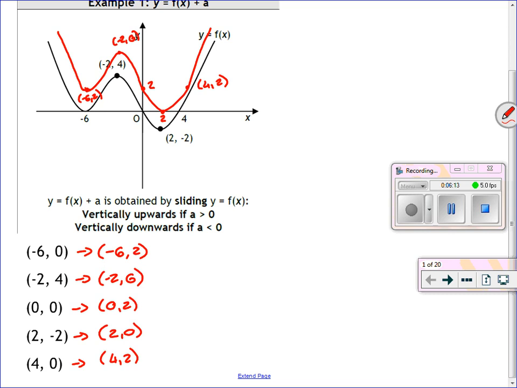As long as you're not showing me something like 4, 2 as being up here, when it really should be across from 0, 2 and minus 6, 2, then we do allow you a little bit of leeway. But always try and stick to the scales that you're given and make the graph look as similar to the original as possible in terms of moving the graph up and down.